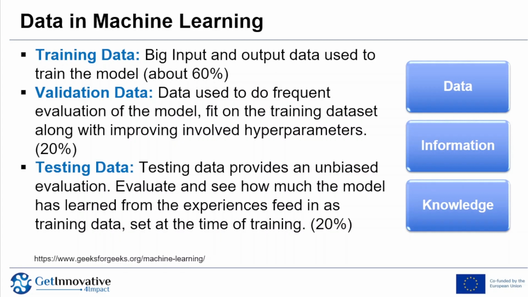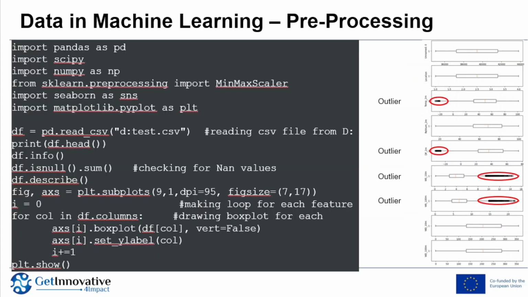The training data includes the big data in input and output, which is used to train the model. The validation data is used for frequent evaluation of the model fit on the training data set. The testing data provides an unbiased evaluation, to see how much the model has learned from experience, after the training data set has been used at the time of training.